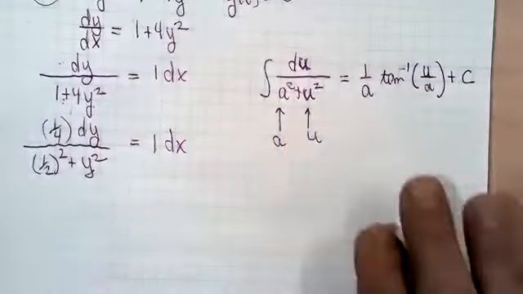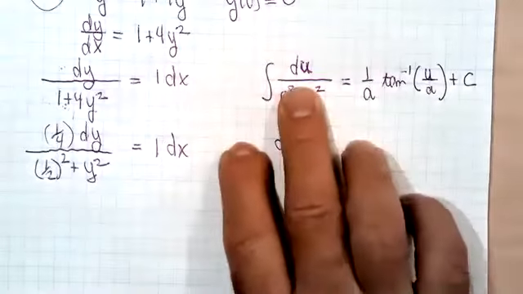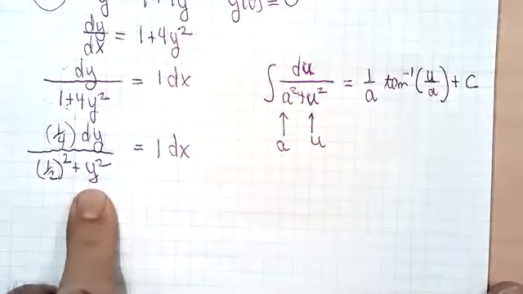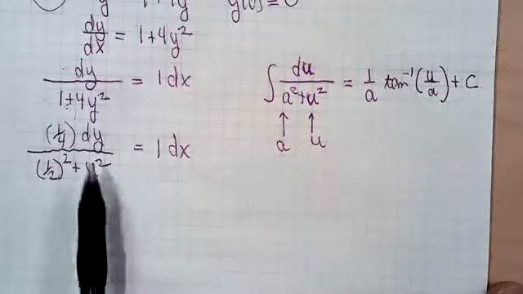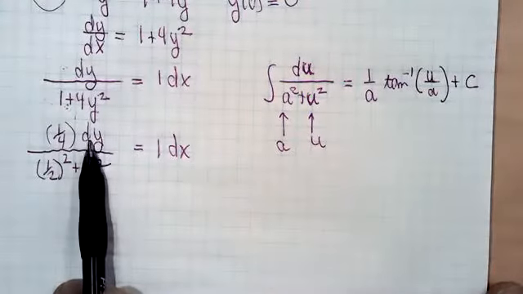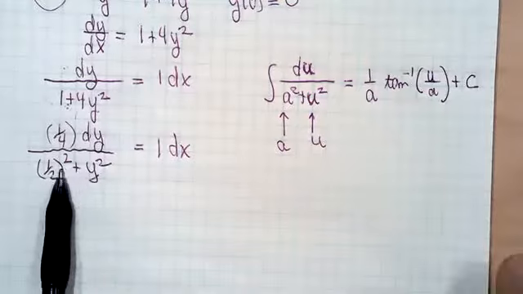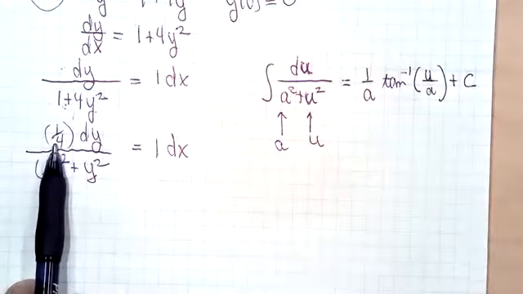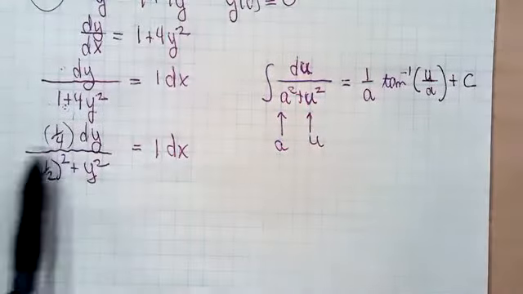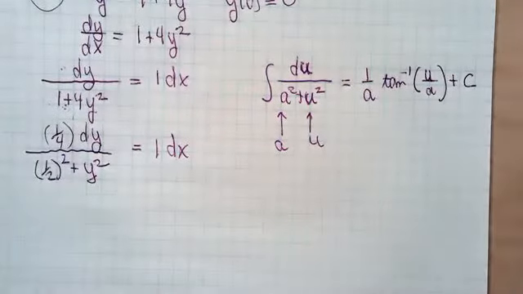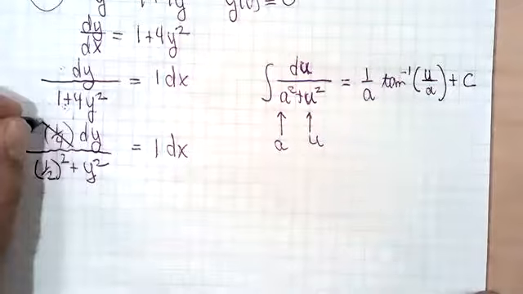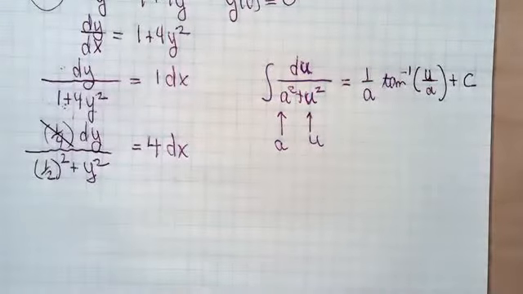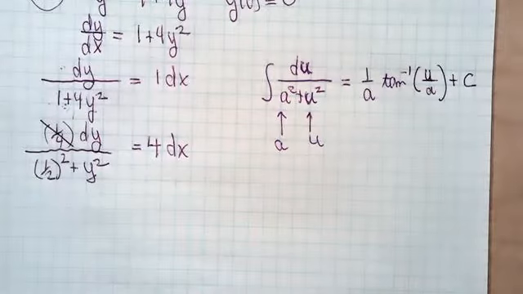And what I'm trying to do is match this pattern over here, du over a squared plus u squared. Well, if u is equal to y, then I've got u squared here, I've got du in the dy, 1/2 is equal to a, and this 1/4 is the only thing in the way. Of course, you could leave it here, just pull it outside the integral. On the other hand, I can multiply both sides of this equation by 4, like that. And now I've got a nice form for integrating.